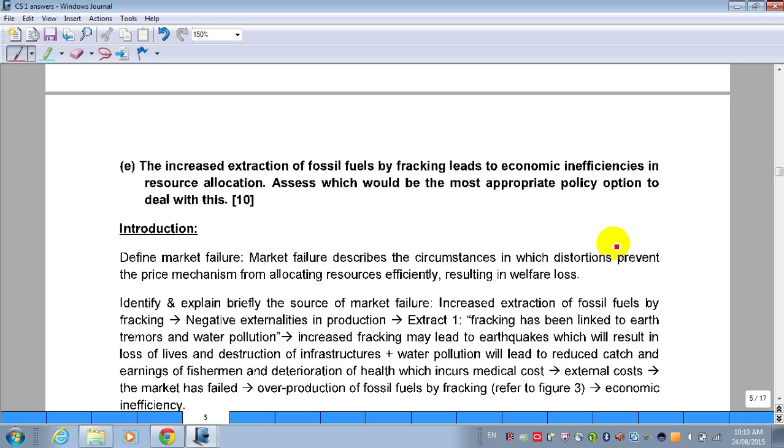Okay, for part E, I don't want to talk a lot about part E, okay? I think you read the answers, but for part E, it is obviously a market failure question, because they talk about economic inefficiencies in resource allocation. Okay, and for many of you, you have not read your market failure yet, okay?